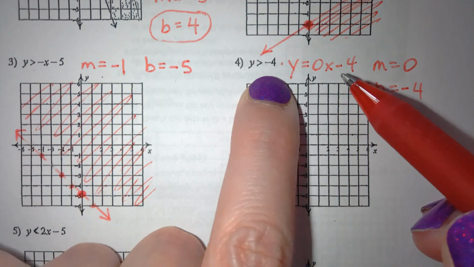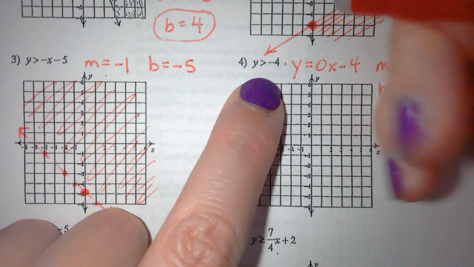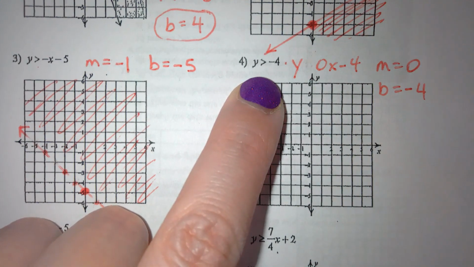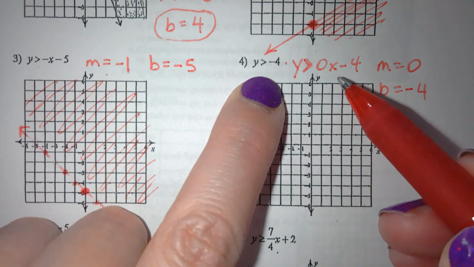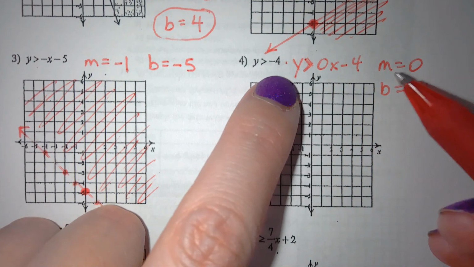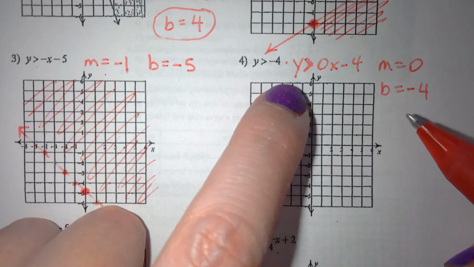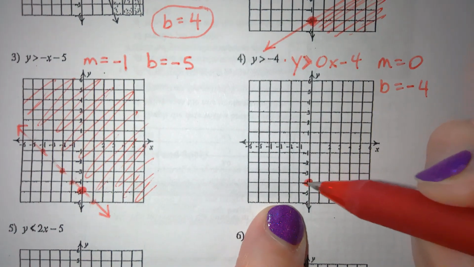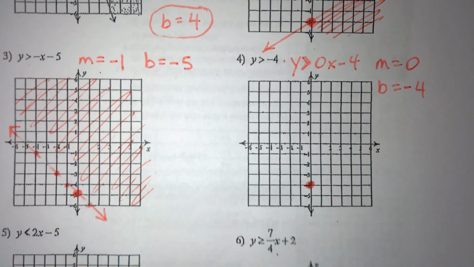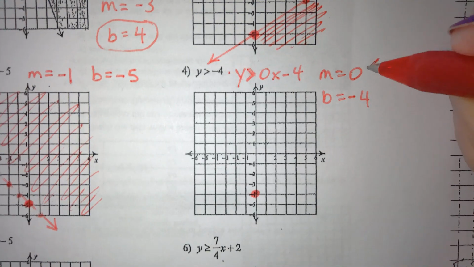This is the exact same thing. That's why Ivan was able to tell me that slope is 0 and b is negative 4. So b is negative 4, I get the point right here.